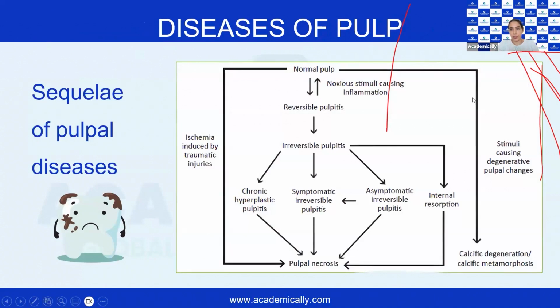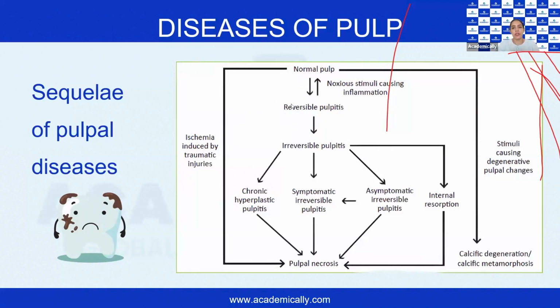Okay, so this is one table of pulpal disease sequelae. You all can look at my screen. Okay, this is the normal pulp. Whenever there is a stimulus causing inflammation, the first step is usually reversible pulpitis.